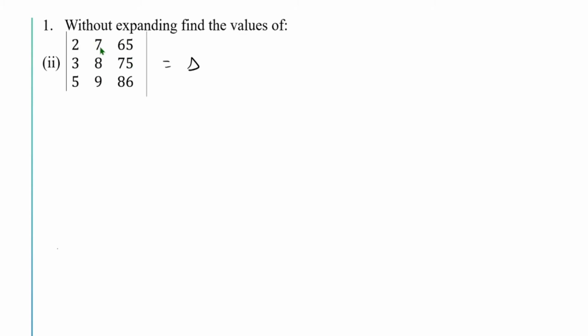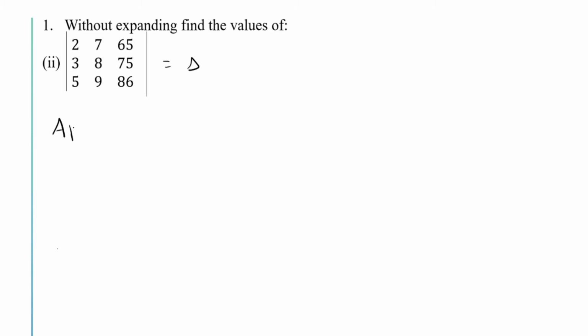Here if we multiply the second column by 9 and subtract them from C3, then here we will have 65 minus 63, 2, 75 minus 72, 3, 86 minus 81, 5. So these two columns will be equal.